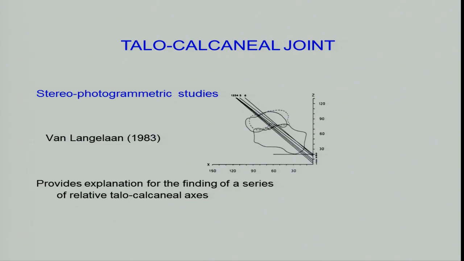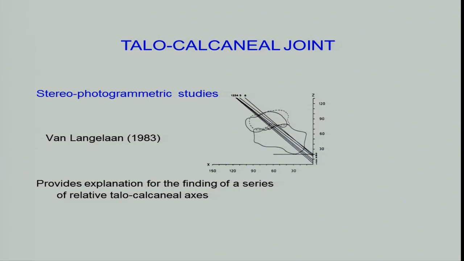Now, when you do stereophotogrammetric studies of this joint and its movements, you get a series of relative talo-calcaneal axes, and they move backwards relative to the interosseous talo-calcaneal ligament.